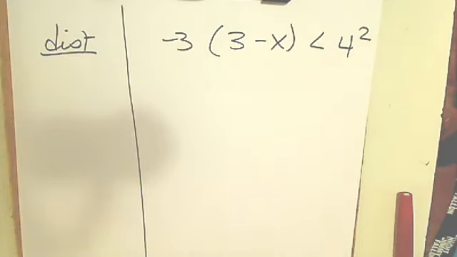Sign flip? No. 3 doesn't go into 25. Keep it as a fraction. When you simplify it out, you'll see right away. You multiply it out.